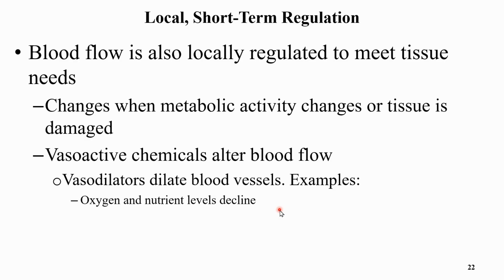For example, when levels of oxygen are low and CO2 is building up in tissues, causing increased acidity, that causes vasodilation. That is one of the reasons why the blood vessels in your skeletal muscles behave a little bit differently compared to the blood vessels in your gut or on your skin.